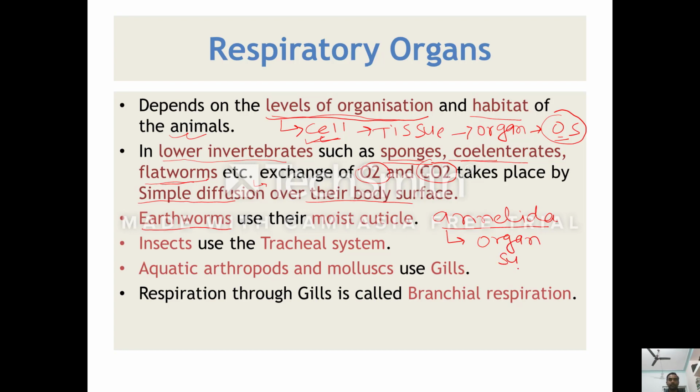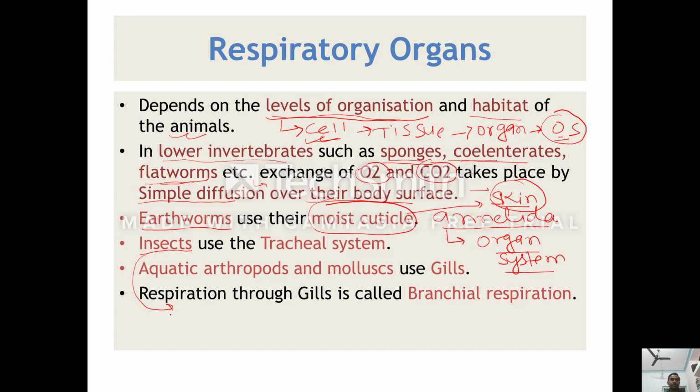In the earthworm, they use their moist cuticle, which is nothing but the moist skin, for respiration.